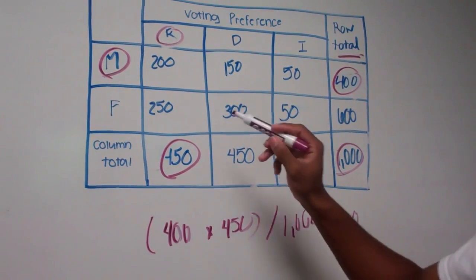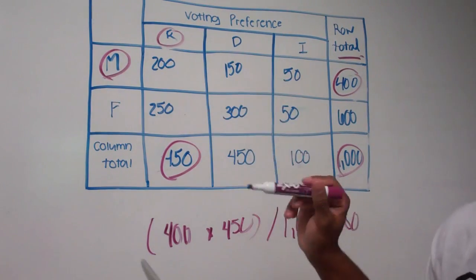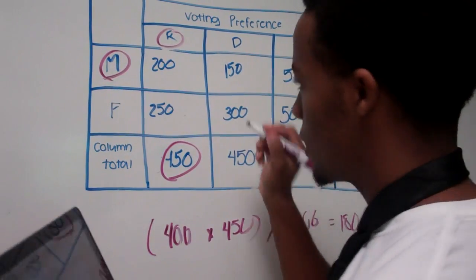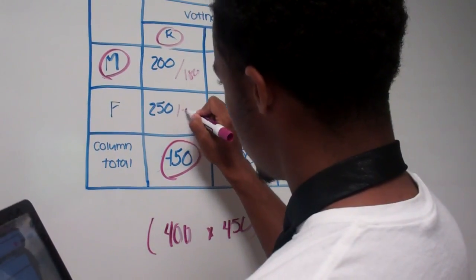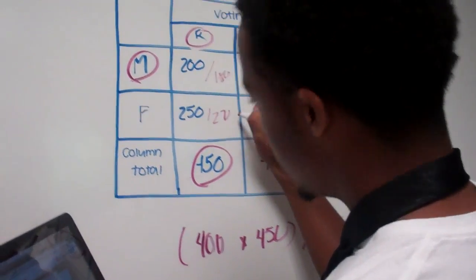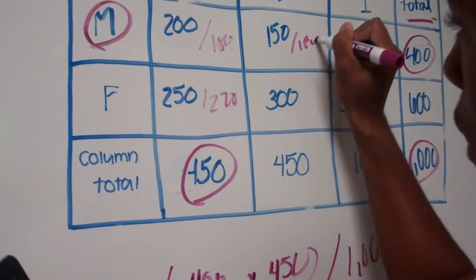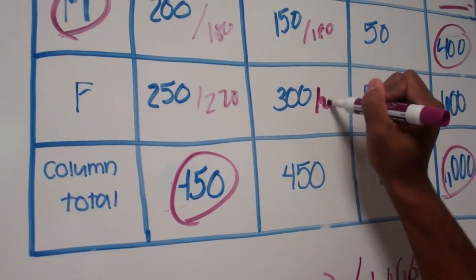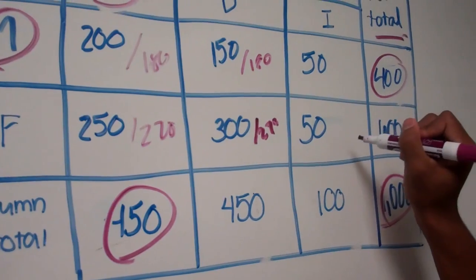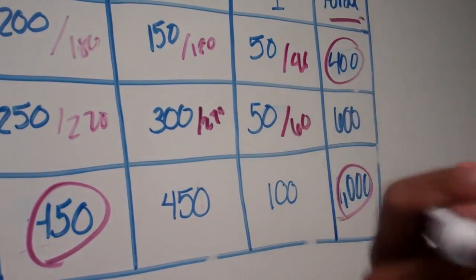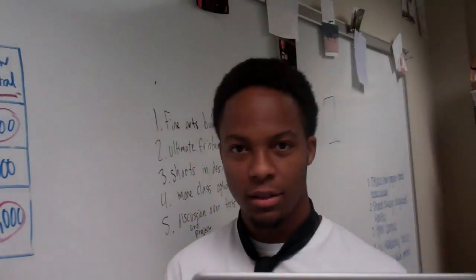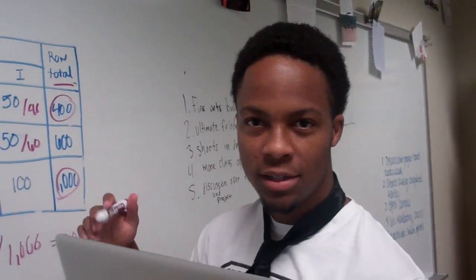Repeat that step to find every expected count, which I will fill in for us so it doesn't take up that much time. And as you see, our third condition has been met.